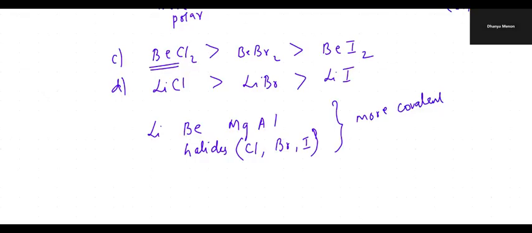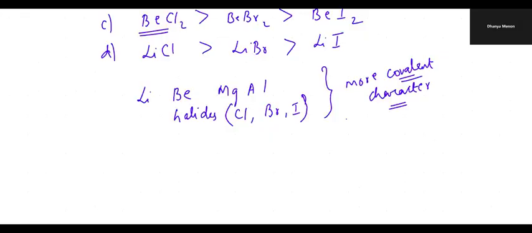They are ionic, but they display more covalent character. We learned this in Fajan's rule, right? So these halides behave in a different way because they have more covalent character, although they are ionic compounds.